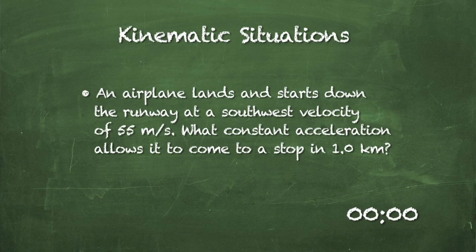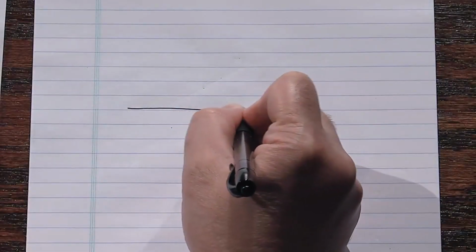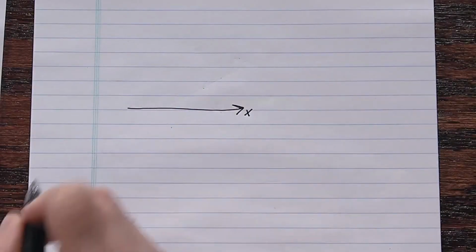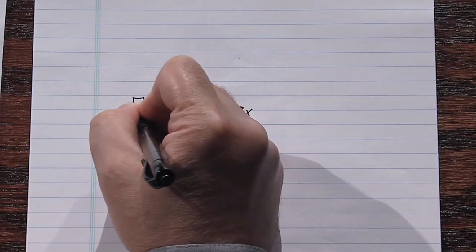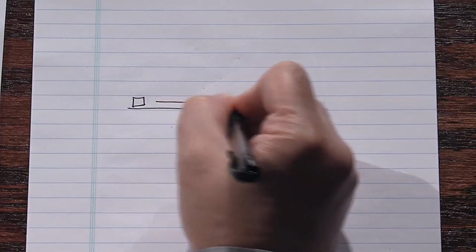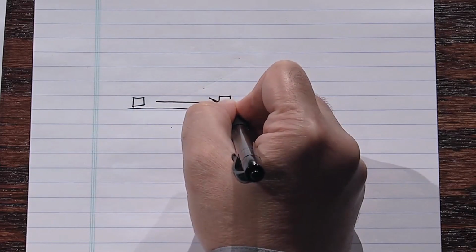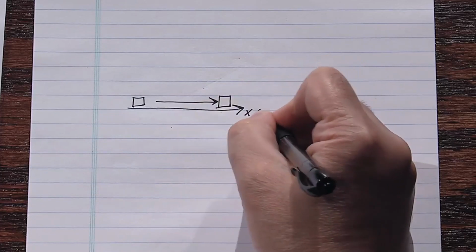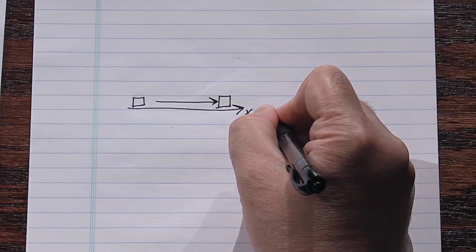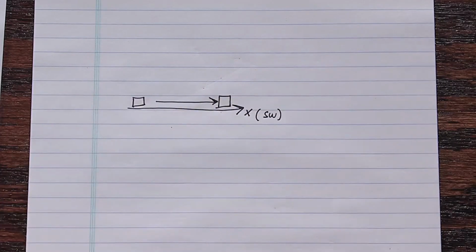Let's draw our runway. We'll make that the x-axis. We have our airplane. And our x-axis, we'll call that southwest, since that's what the exercise told us.